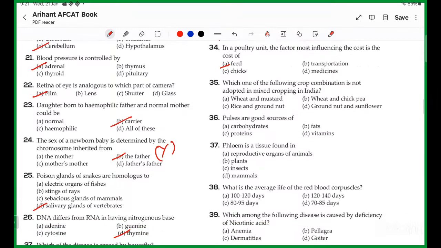The following crop combination is not adopted in mixed cropping in India: rice and groundnut. Pulses are good source of protein.